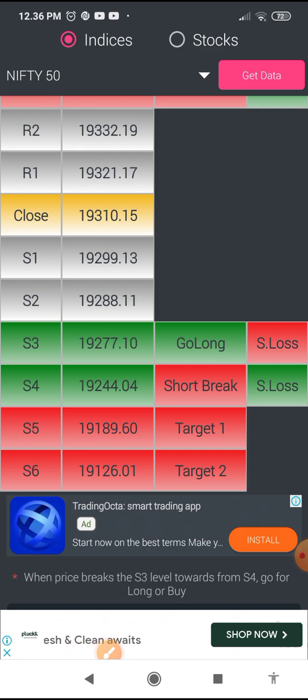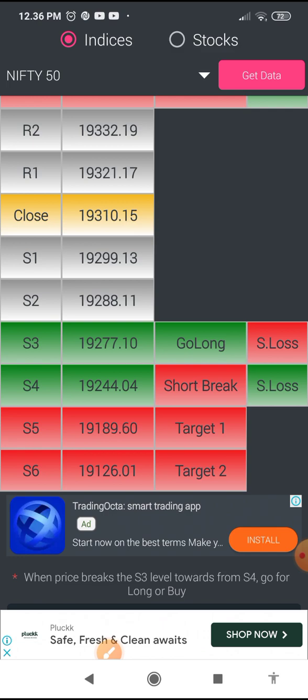So if it is going below S4, then you have to go short with the stop loss of S3. Okay, so if S4 is 19244, if you are going short at 19244, Nifty can go down to 19189. It can go down to 19126.